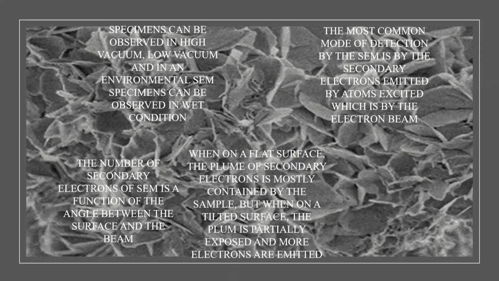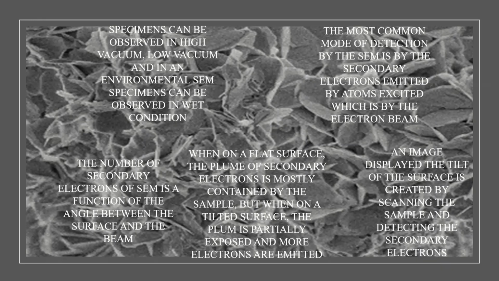Fourth, on a flat surface, the plume of secondary electrons is mostly contained by the sample, but on a tilted surface, the plume is partially exposed and more electrons are emitted. And fifth, in an image display, the tilt of the surface is created by scanning the sample and detecting the secondary electrons.